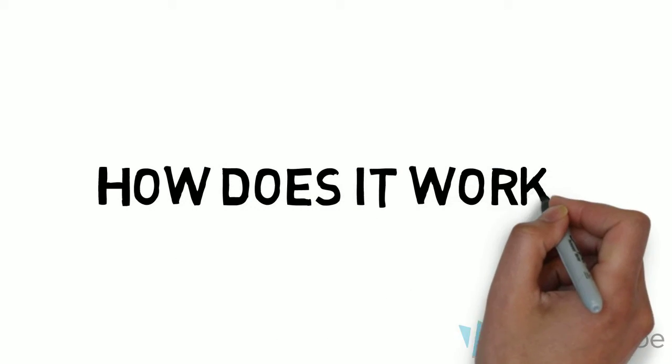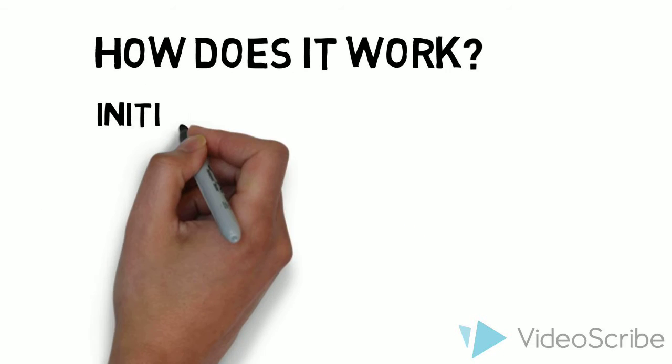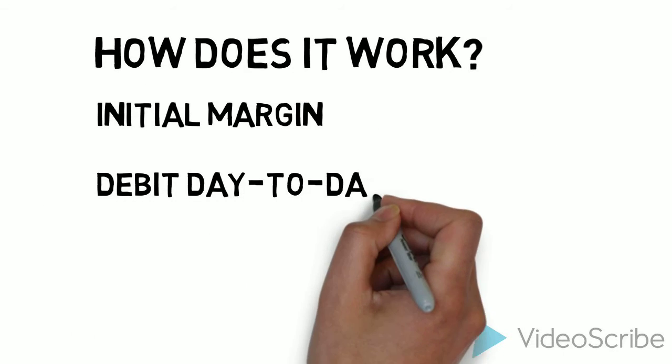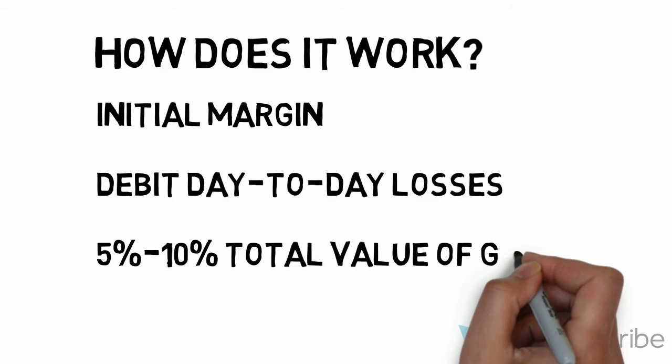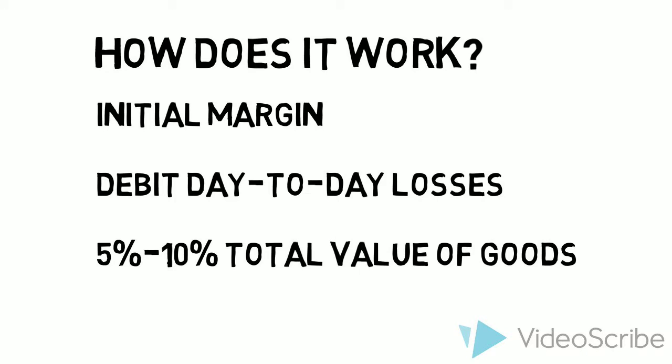So how does it work? To begin with, Professor Jassim must put an initial deposit into a margin account, which is a futures margin. This margin is used to debit any day-to-day losses in relation to the futures contract. The initial margin required to enter into a new futures contract is normally 5 to 10% of the total value of the goods to be exchanged in the futures contract.